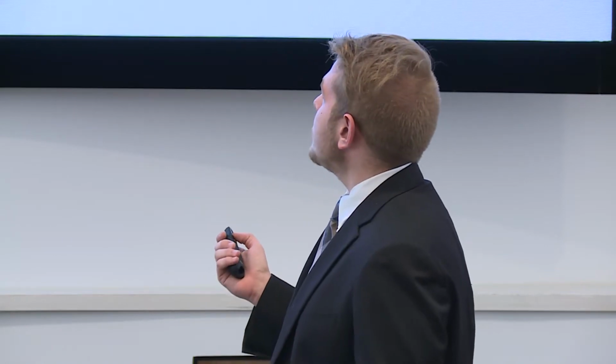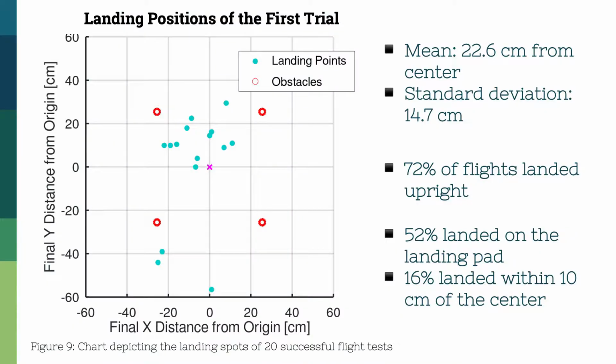And numerically, it had a mean average distance from the center of about 22 centimeters and a standard deviation of about 14, and that means that the 0 point, the center, is just under 2 standard deviations away from the mean, showing that there's a higher percentage chance of it happening. And that's proven by our statistics that we measured. 52% of the time, the quadcopter did land on the landing pad, and 16% it landed within 10 centimeters of the center.